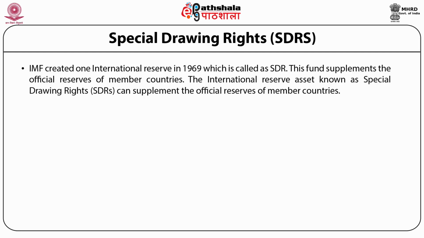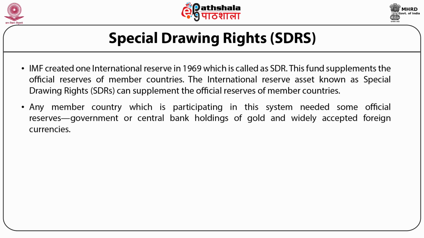SDR was created to support the Bretton Woods fixed exchange rate system. IMF members can voluntarily exchange SDRs for currencies among themselves. Any member country participating in this system needed some official reserves, government or central bank holdings of gold and widely accepted foreign currencies.